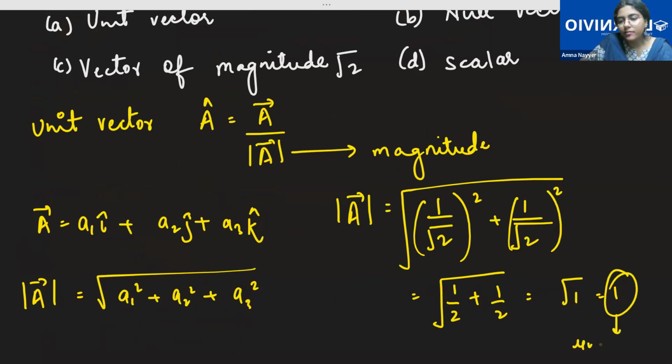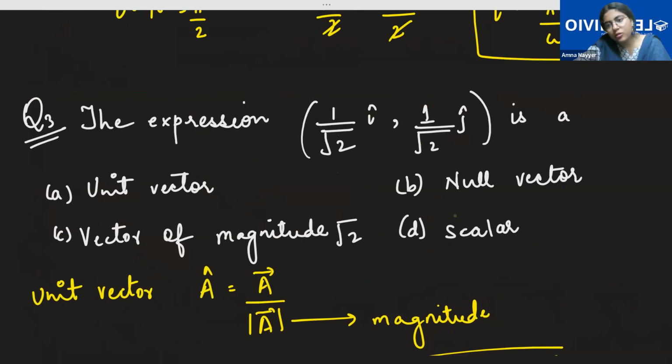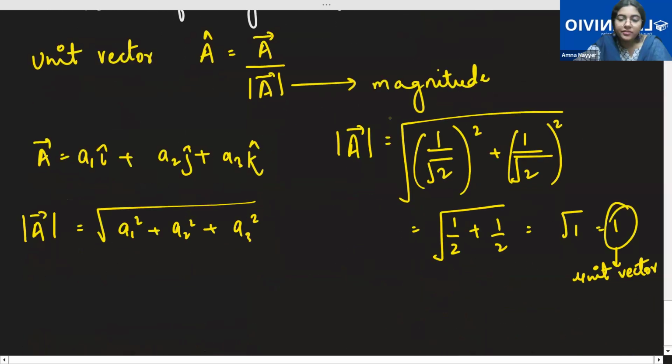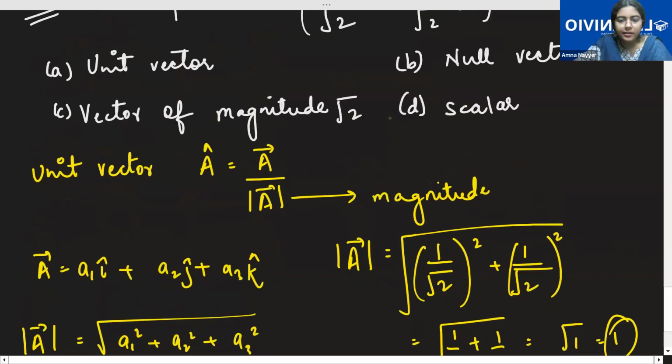This is a unit vector, right? Because 1 by root 2 can signify anything. It could be a scalar, it could be a null vector also. We don't know anything. But if the magnitude of the vector is 1, that is the definition of a unit vector. Write it.